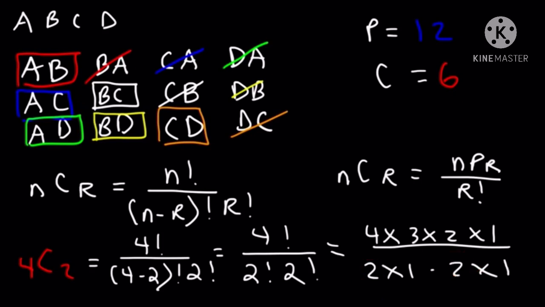So we can cancel those with the 4 on top. We'll ignore 1 because 1 times anything won't change a value. So, what we have left is 3 times 2. 3 times 2 is equal to 6. And now, you understand the equation and also how to make lists to determine the number of permutations and combinations.